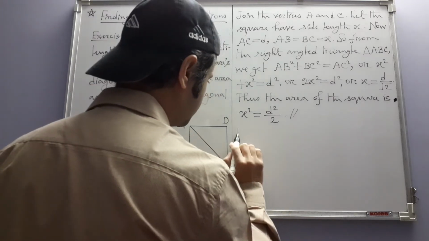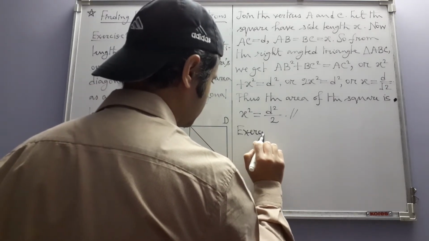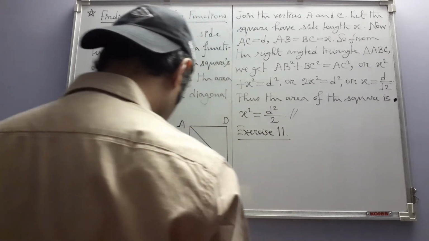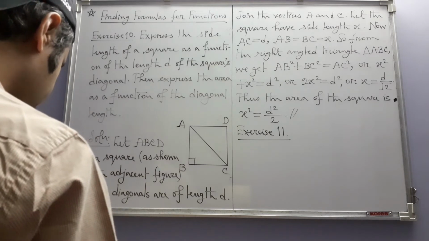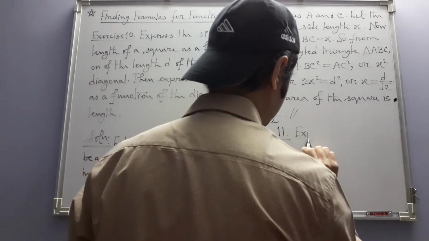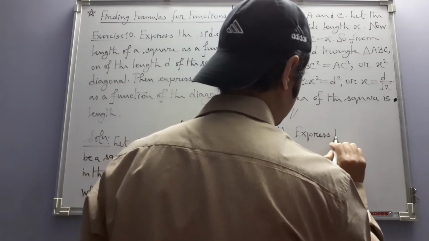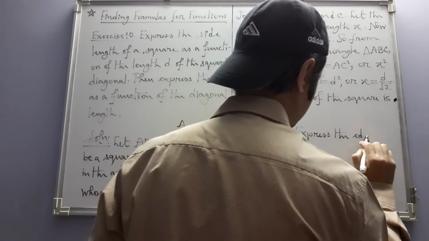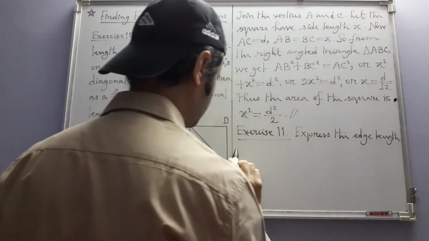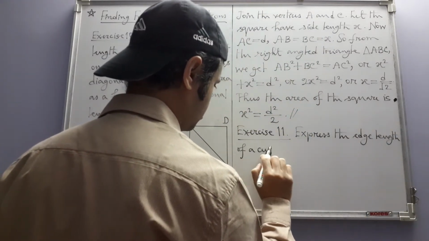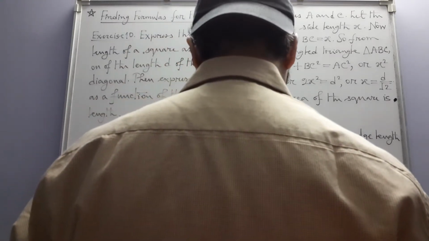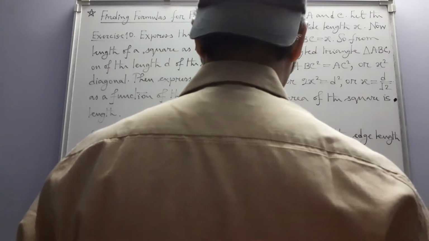Next, express the edge length of a cube as a function of the cube's diagonal length d.